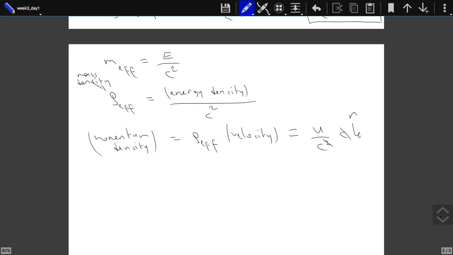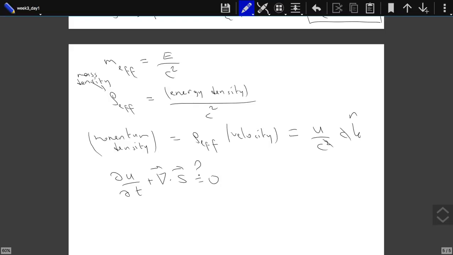So the conservation of energy in this case will be du by dt plus the divergence of S should be equal to 0. This is our continuity equation, in this case because there is no mechanical energy. Well, if there is mechanical energy, we just need to add the mechanical part over here.